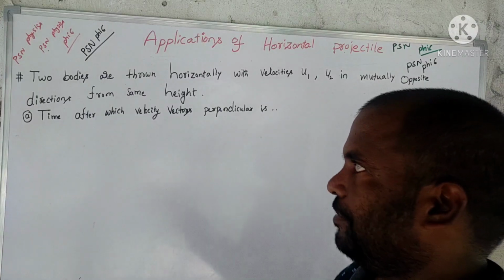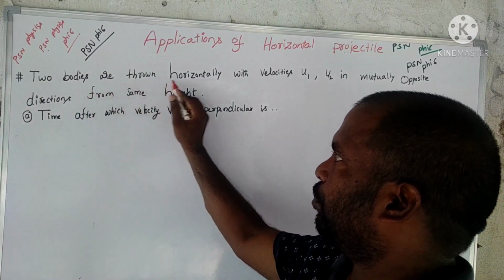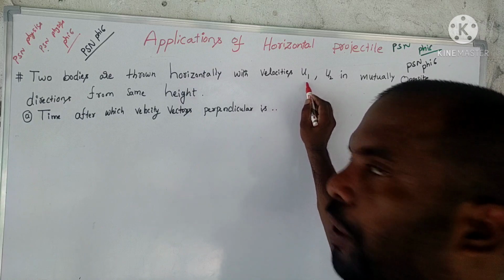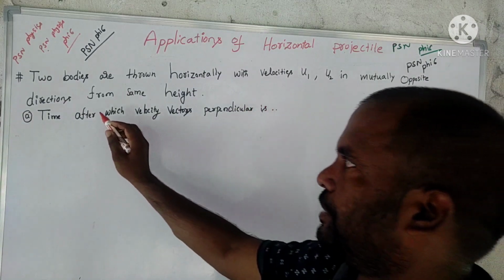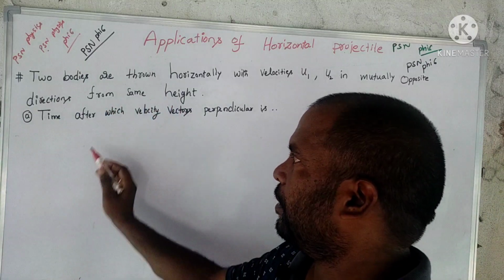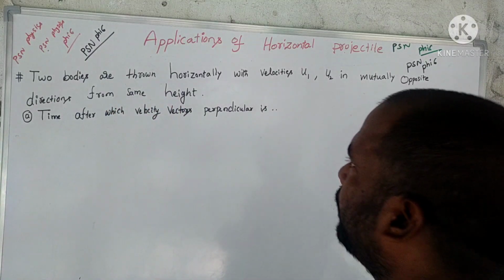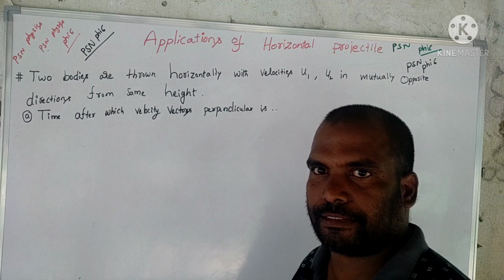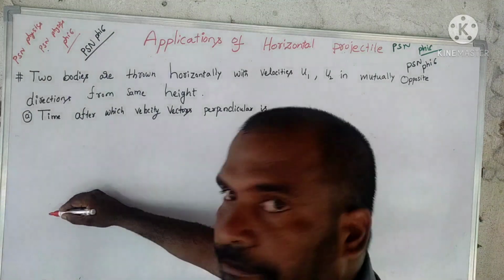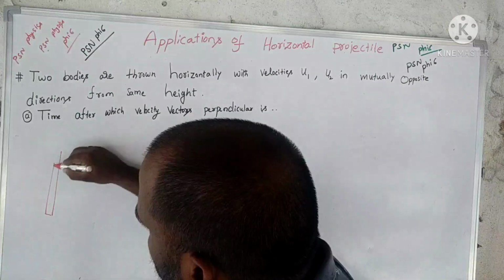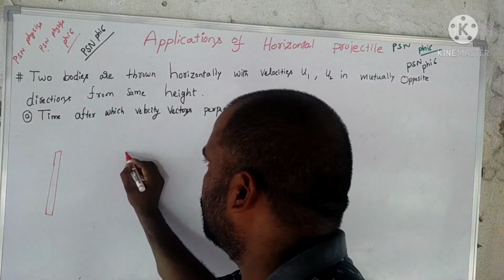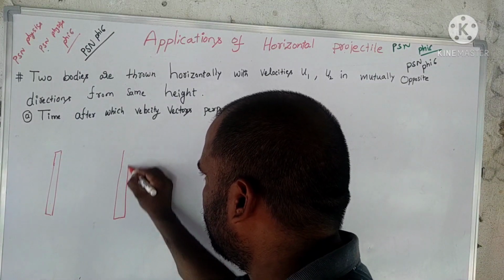In this application, two bodies are thrown horizontally with velocities u1, u2 in mutually opposite directions from the same height. The time after which the velocity vectors are perpendicular is? Here, the first tower is here, the second tower is here.